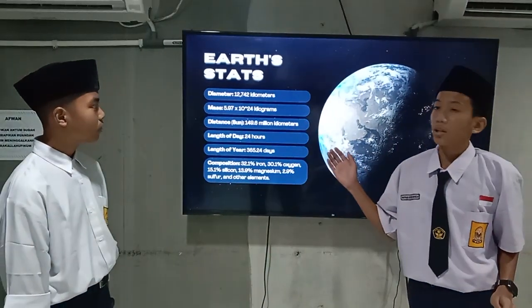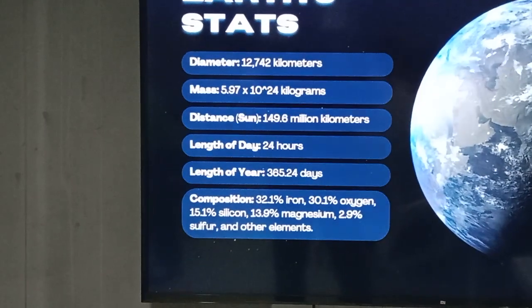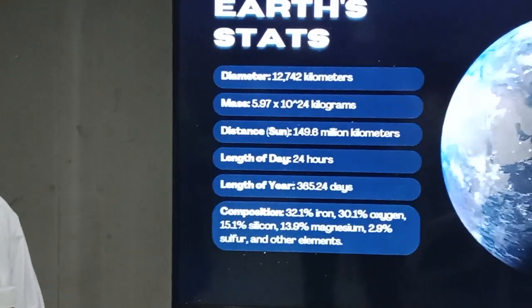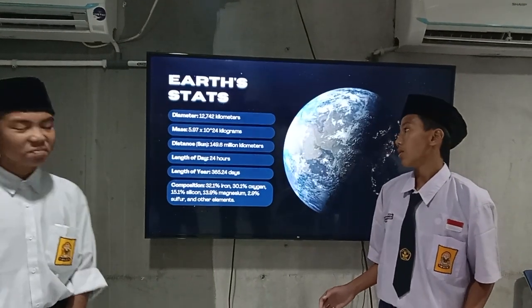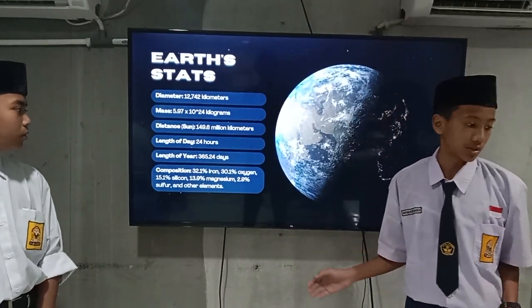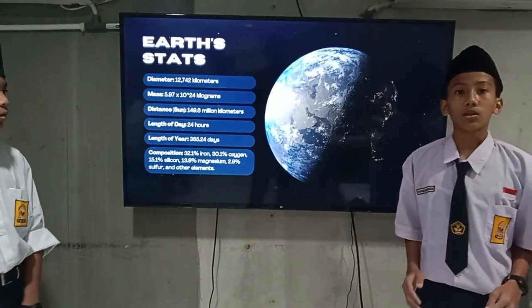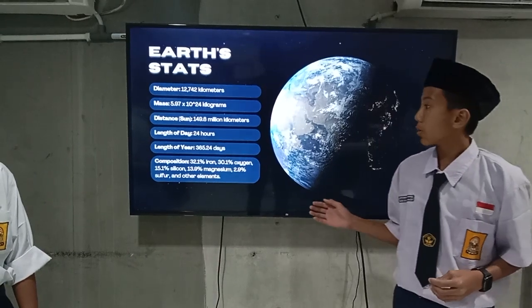Earth's diameter is 12,742 kilometers, and its mass is 5.97 multiplied by 10 to the power of 24 kilograms. The distance to the Sun is 149.6 million kilometers.